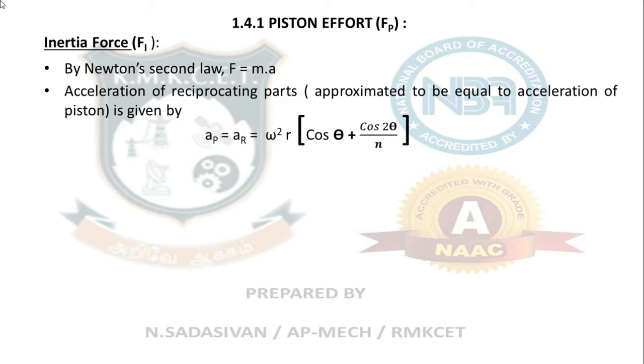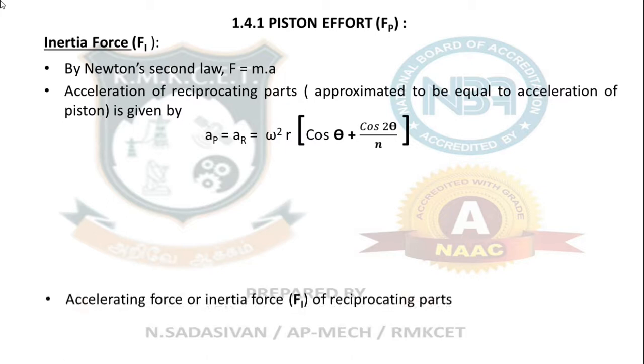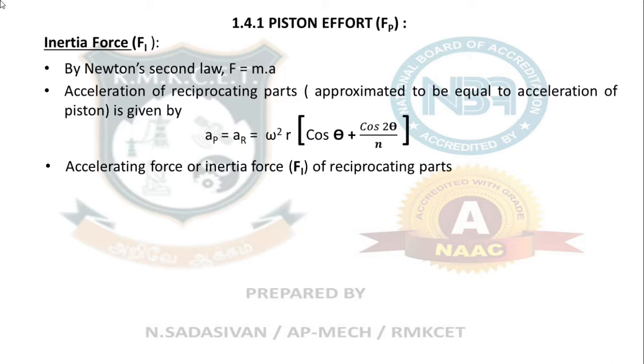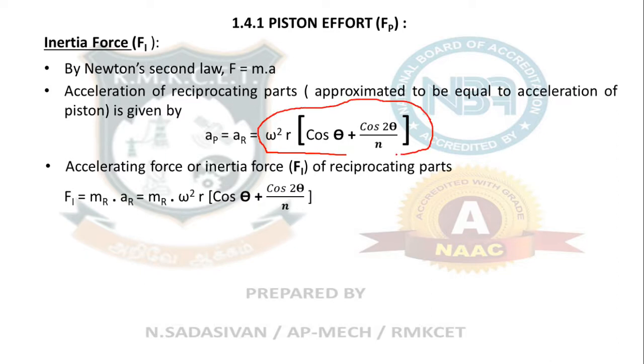Now if I multiply the mass with this acceleration, I am going to get a force, correct? So the inertia force of the reciprocating parts is equal to mass into acceleration, mr into ar. So what you do is just multiply this acceleration equation with the mass of the reciprocating parts. That's what is written here.